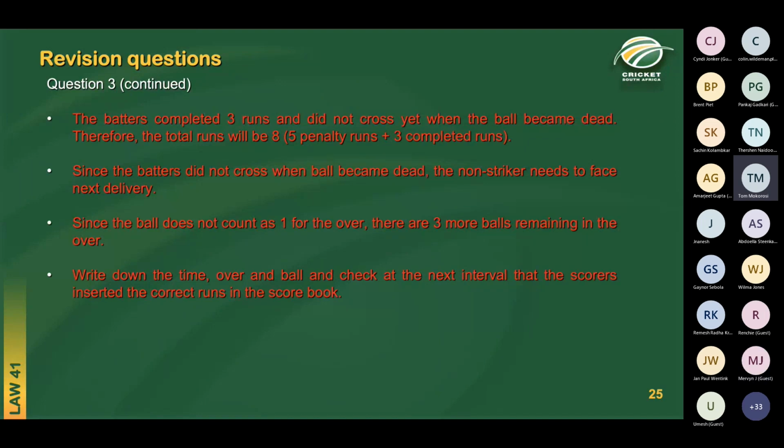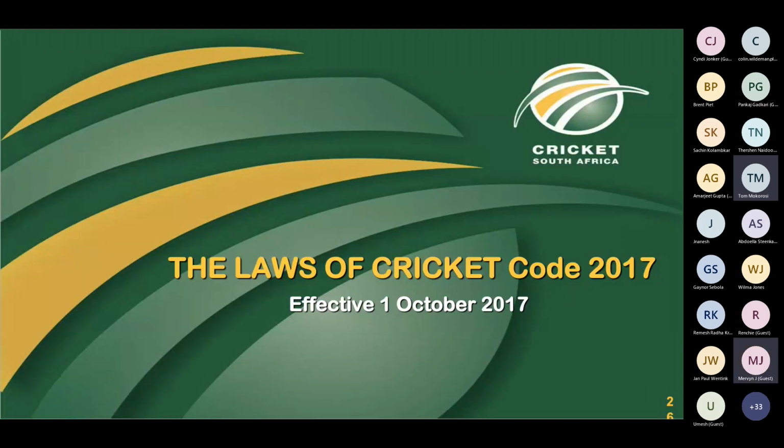Very important, because scorers don't always know all the signals, especially in incidents where runs are disallowed or batters are sent back to their original ends, which is not the case at this point. But for these funny little incidents, you just need to jot down how many runs should be scored and make sure that the scorers got it right at the next interval.